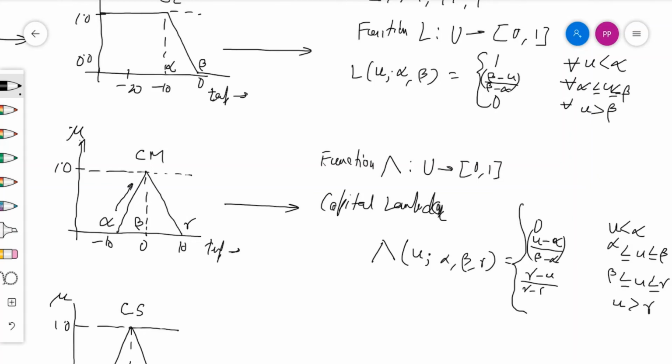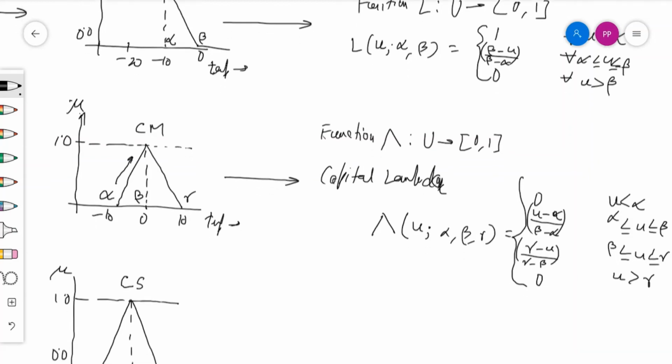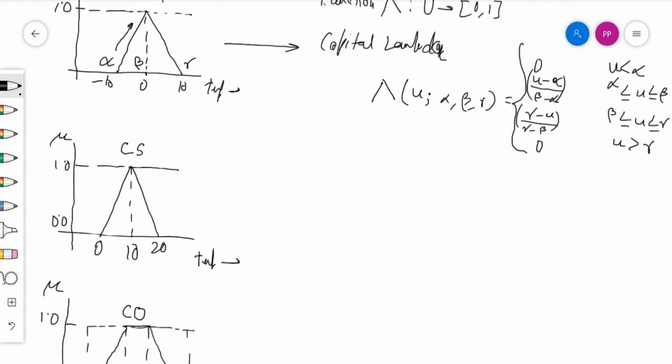Remember that this is always a positive value, however the slope is negative. The third one is when you are beyond gamma, so your value should be 0. That is how we can define the membership function capital lambda, which is a function of u, alpha, beta and gamma.